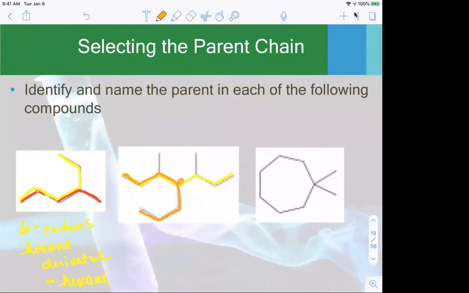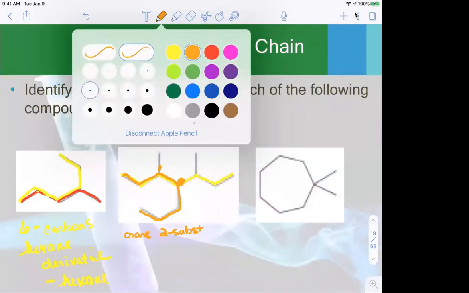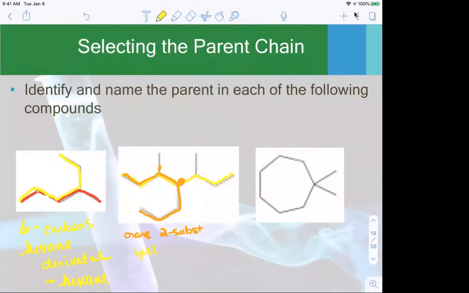The orange one has 2 substituents, whereas the yellow has 3 substituents. So I would choose the yellow as the base name. So that would be 1, 2, 3, 4, 5, 6, 7. That would be a heptane derivative.